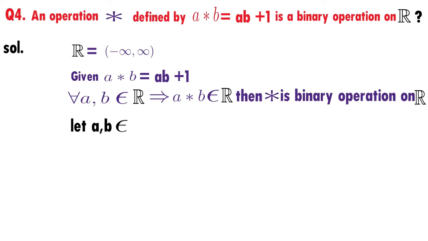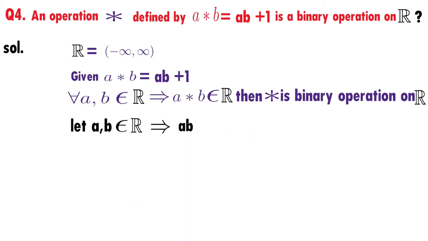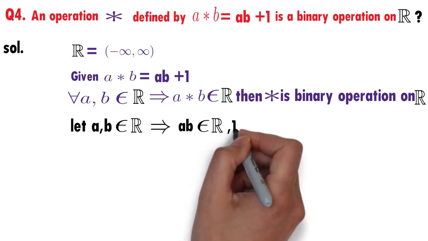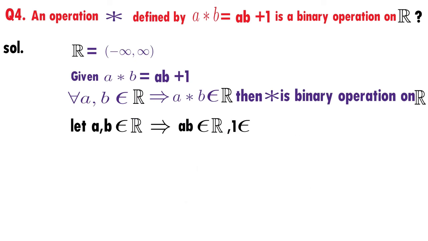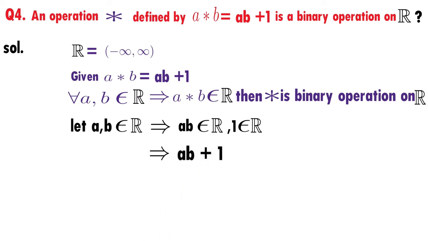Now I'll take two real numbers a and b. Think of their product. The product of two real numbers is again a real number, so ab is a real number. And we know that 1 is a real number. ab is a real number, 1 is a real number. Add them: the addition of two real numbers is again a real number. So ab plus 1 is a real number. What is ab plus 1? It is a star b.